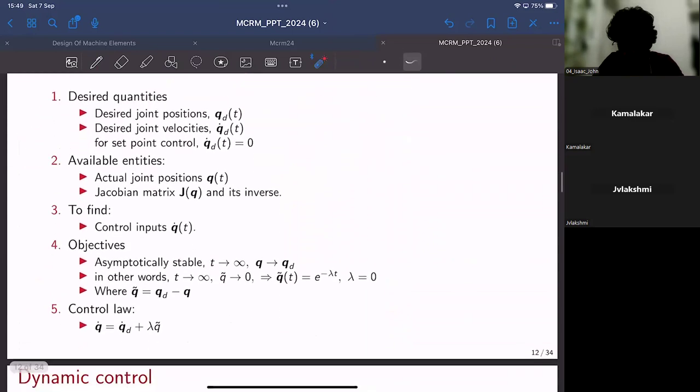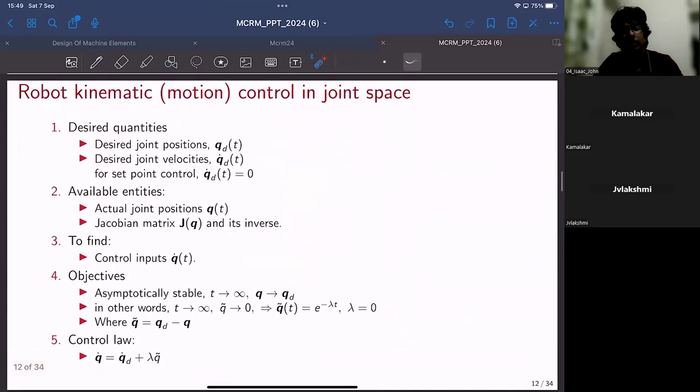Okay, so next is a closed loop scheme. It is still a kinematic scheme, but a closed loop scheme. We first state the control objective. We want our system to be asymptotically stable. Like, if you can recall, we always say that our most important objective is stability of the robot.